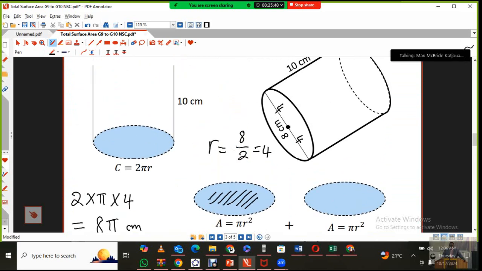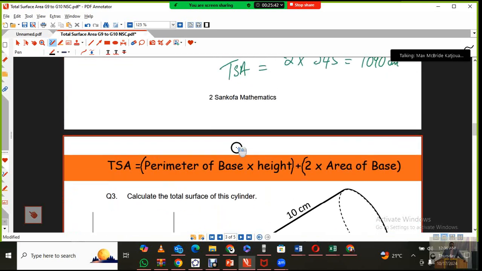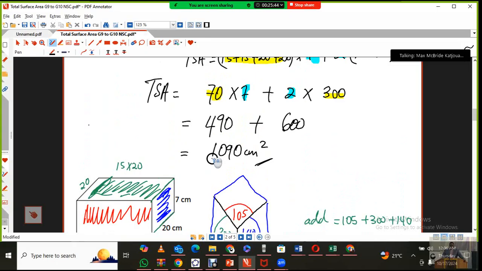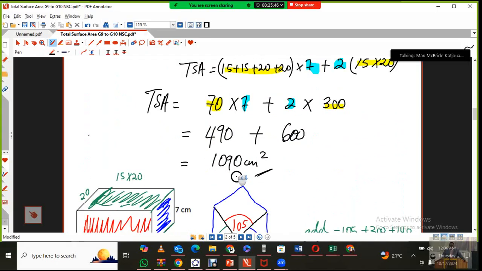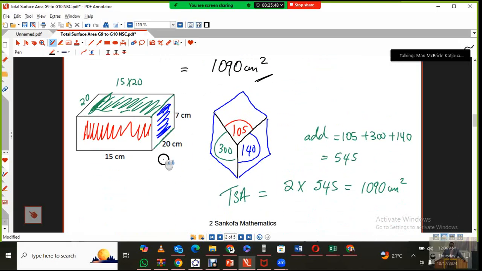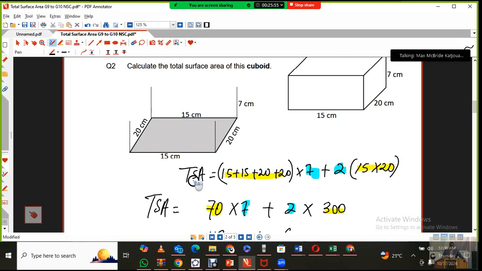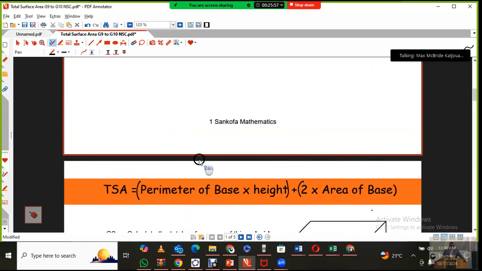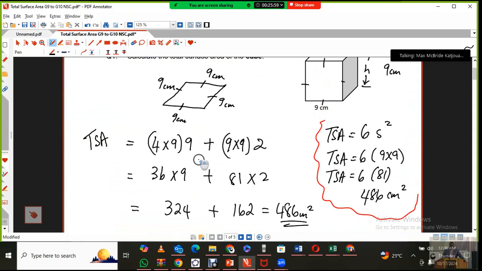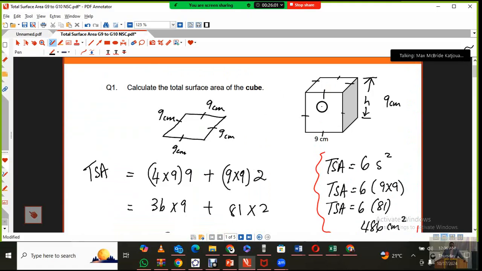And you can use the same formula for a cuboid, or you can use whichever of those methods. There's of course another one, but the objective of this lesson is to introduce you to this one. You can use the same formula to calculate the total surface area, that means all these squares or rectangles added together, of a cube.